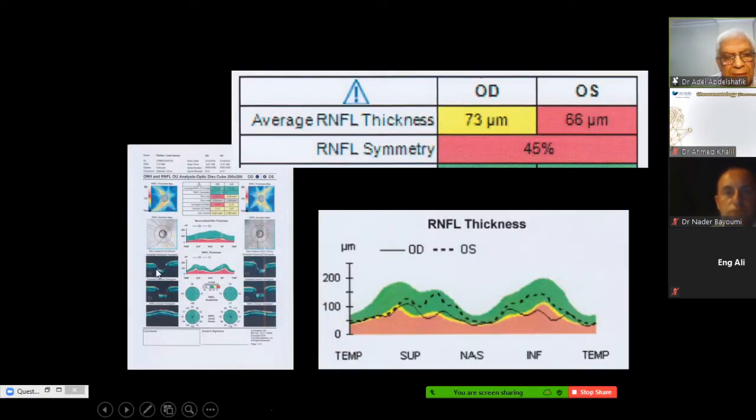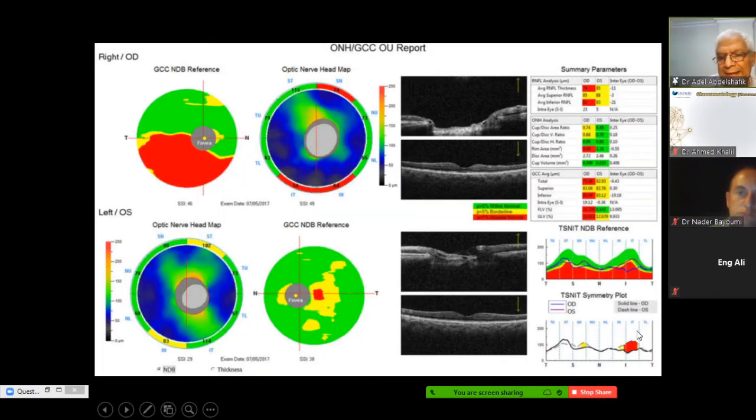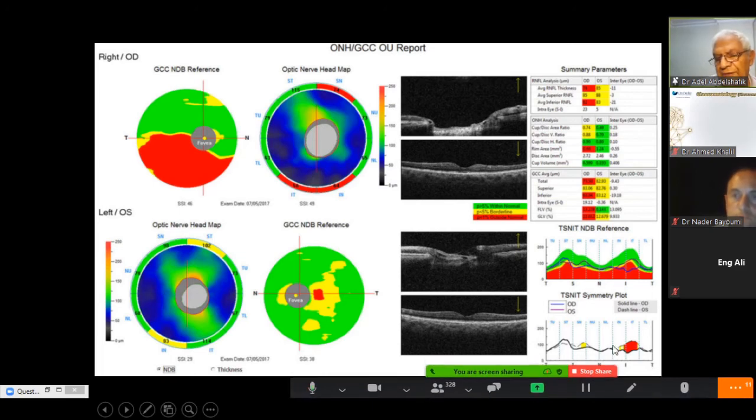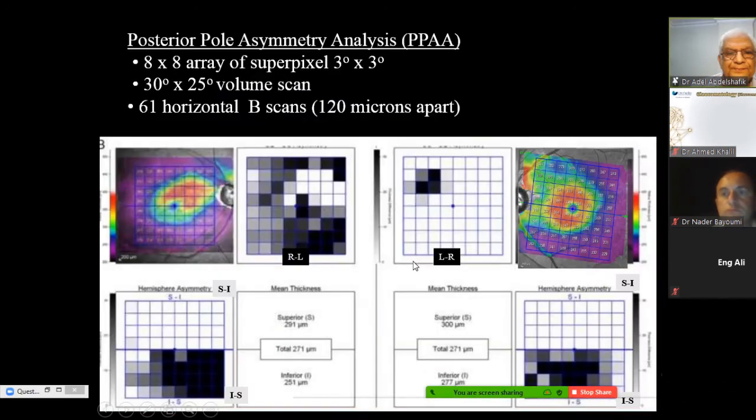For example, in the OCT, you get a comparison between right and left eye. This is abnormal. Or even in the table here, you can find this parameter, the asymmetry. Again, in the OptiView, you have right and left eye, and the difference is shown up here.